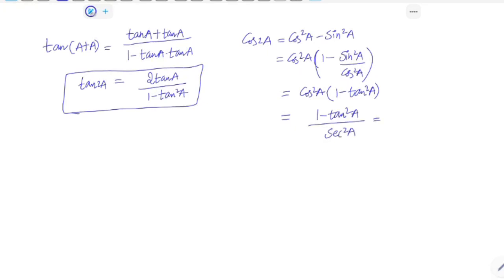Now we have one trigonometric identity which is secant square A minus tan square A is equal to 1.